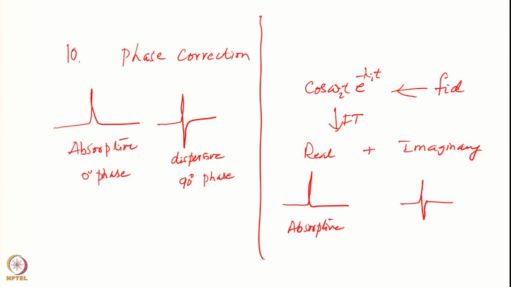Now similarly, if my FID is of the type sine omega I t e to the minus lambda I t, then after Fourier transformation I will again get a real part and an imaginary part.